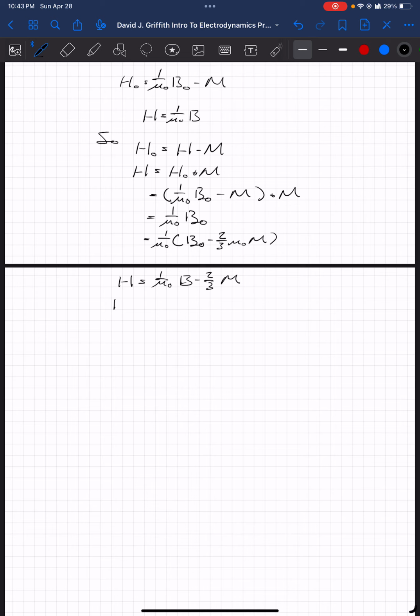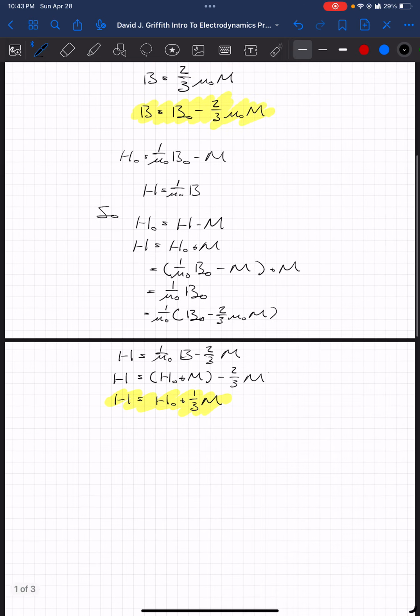So, H is equal to H naught plus M minus the 2/3 M. So, H is equal to H naught plus 1/3 M. And that's the H at the center of our cavity.